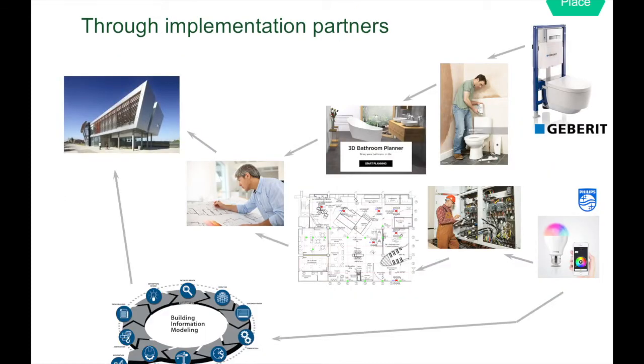In many situations, there are also implementation partners. So it's basically two streams of implementation partners. So let's look at the upper one. On the left-hand side, we have the finished building. And what does it actually need to get to a finished building? Well, one step to the right, we need an architect.